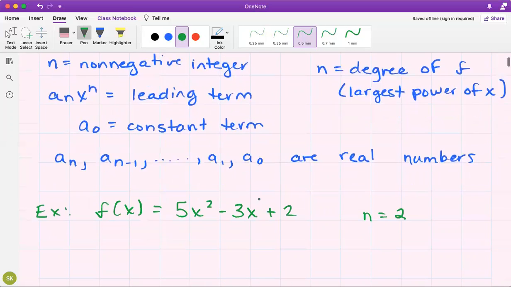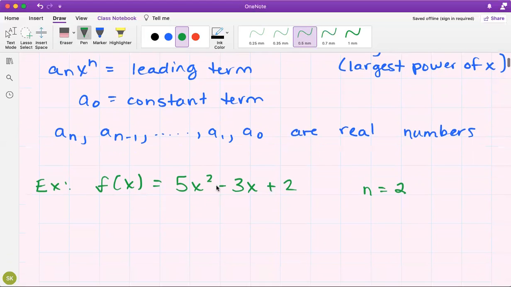You see we have an x to the power 1, and this is x to the power 0. So this is the constant term here. This 5x squared is your leading term. We know how to graph this. This is a quadratic, so the graph is a parabola. And because this is a positive 5, the graph is pointing upwards.